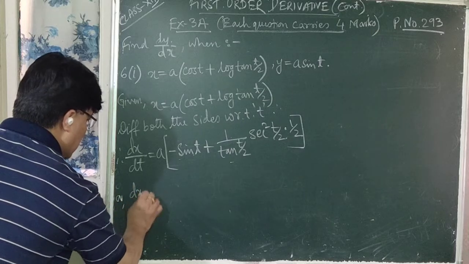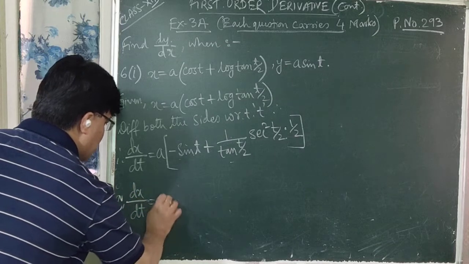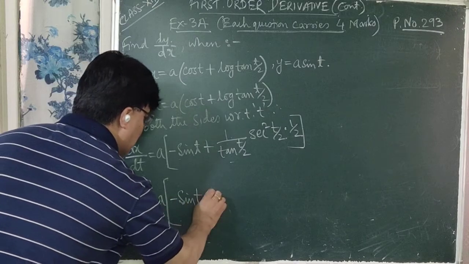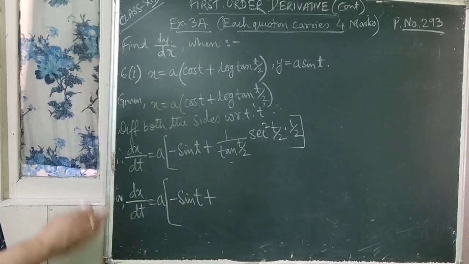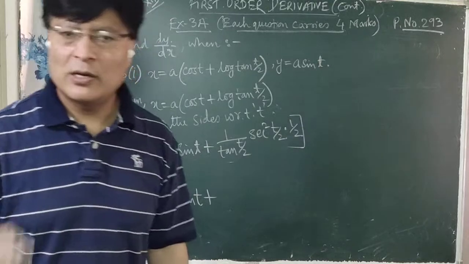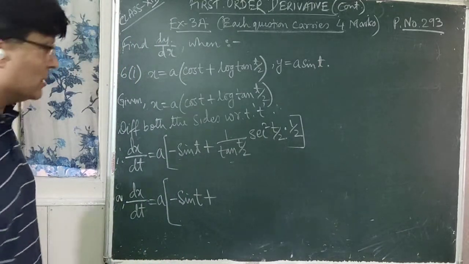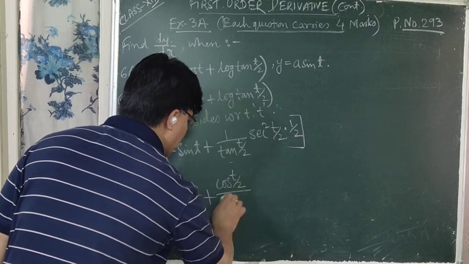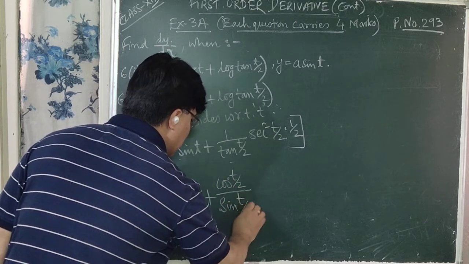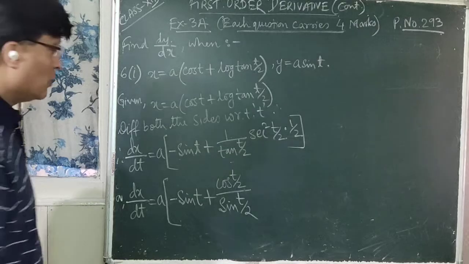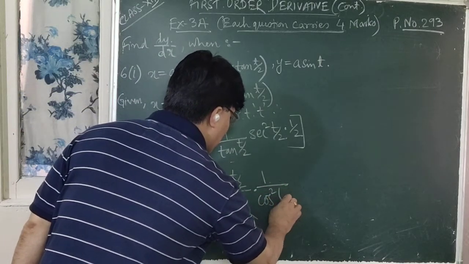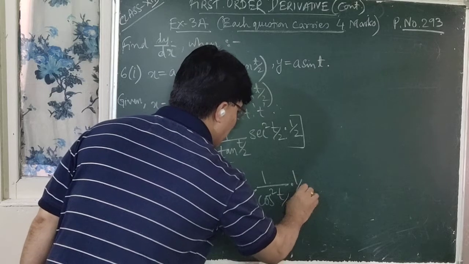Or dx/dt is equal to a within third bracket: it is minus sin t plus, what is 1 by tan t by 2? That is cot t by 2, isn't it? So it is cos t/2 divided by sin t/2, right? What is sec square t/2 into 1 upon cos square t/2 into half.